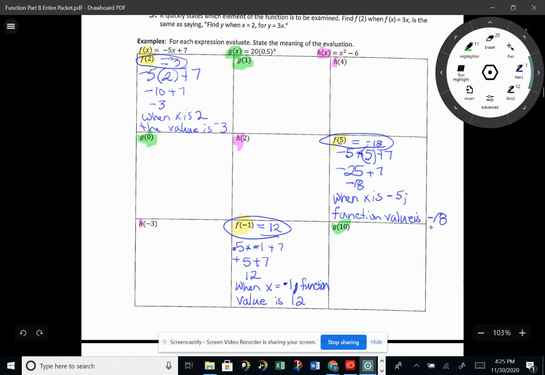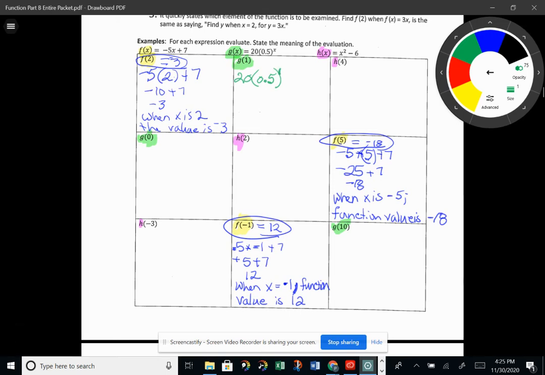Now we're going to look at function g. We're going to use function g, and that x is an exponent. So you've got to really pay attention to this, and this is where you're definitely going to use your calculator. So 20 times 0.5 to the first power, because that x value is 1. 0.5 to the first power is 0.5, and then times 20, half of 20 is 10.